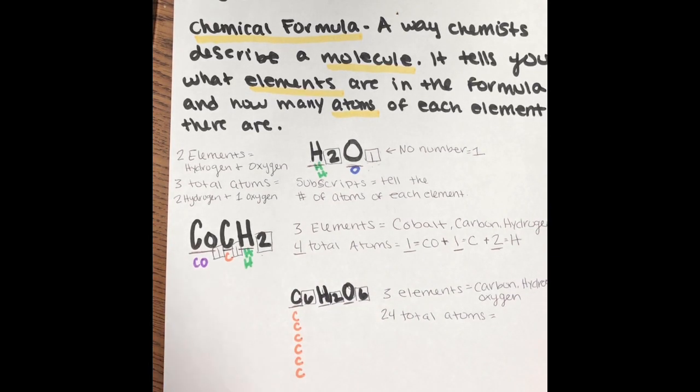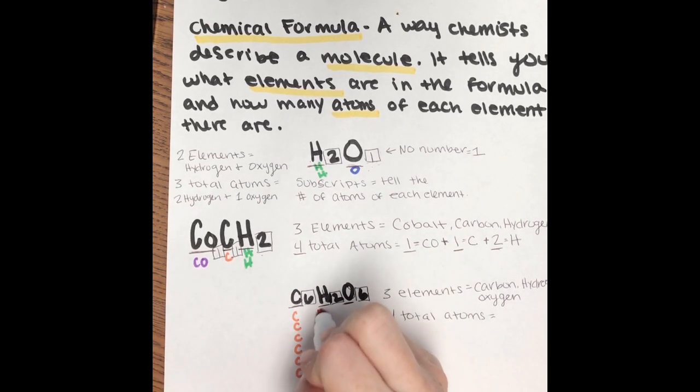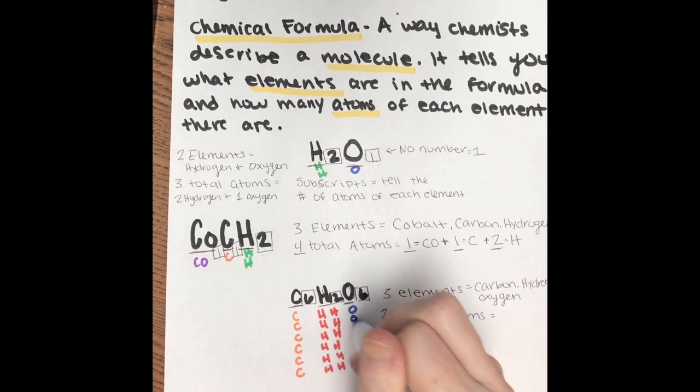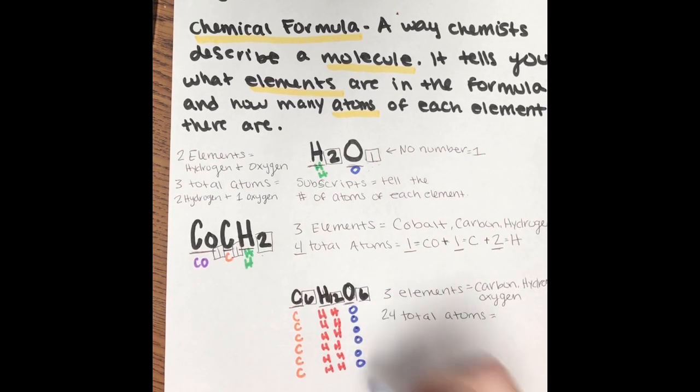Now we have quite a few hydrogens, so I'm just going to do that really fast for you. Twelve hydrogens. And then we have 6 oxygens. I'm trying to pick a color here. Here we go. 1, 2, 3, 4, 5, 6.